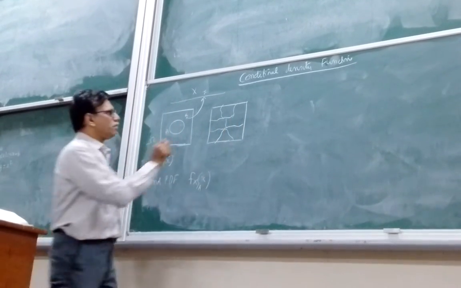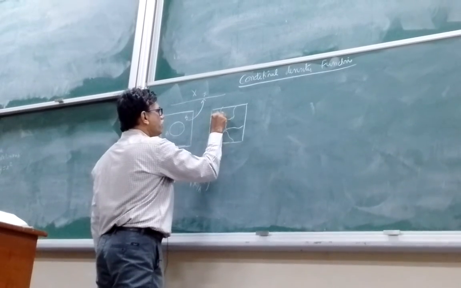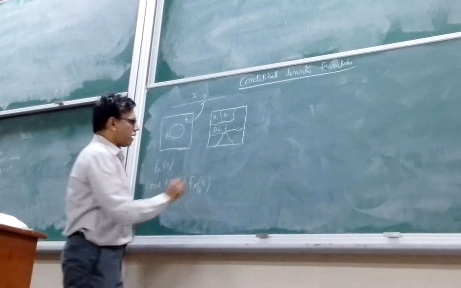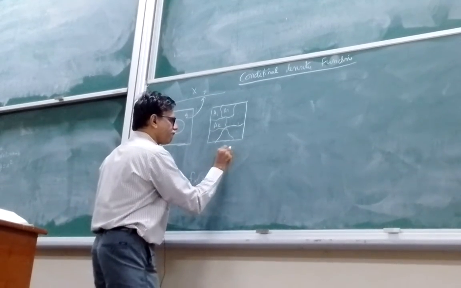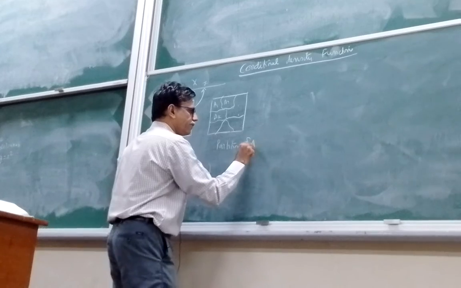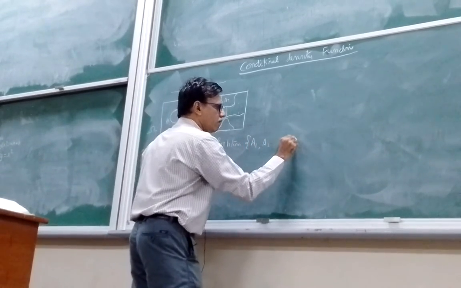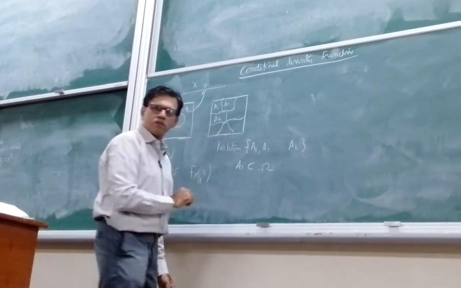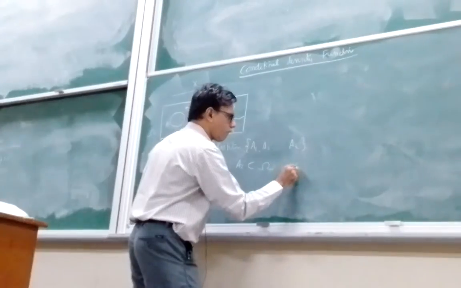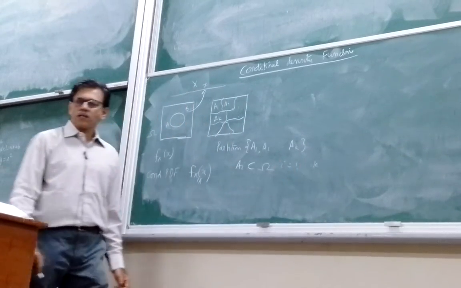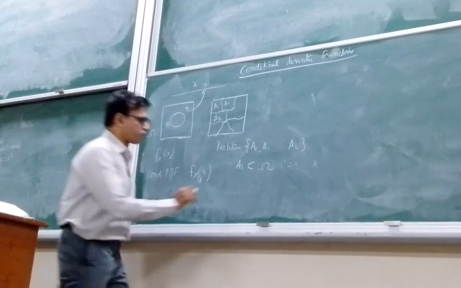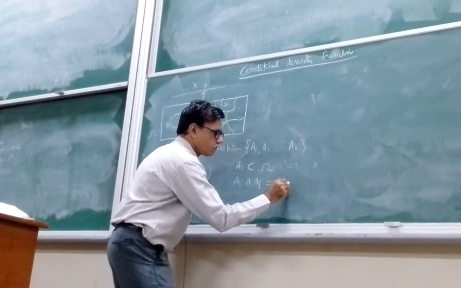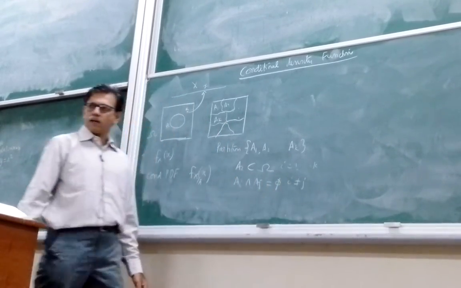By a partition we mean the set of events A1, A2, ..., AK, which are all subsets of the sample space, such that they are mutually exclusive and collectively exhaustive.